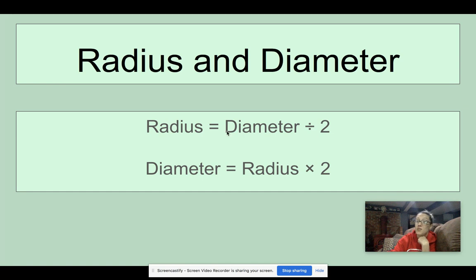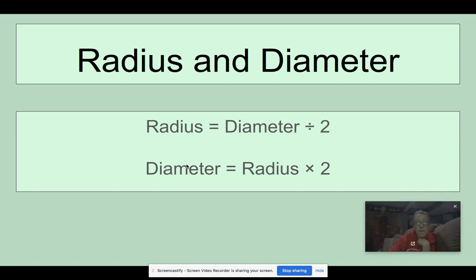It's half of the diameter. It's a half line, going from the center to the edge. Diameter is the full line, so it's basically 2 of the radius, or radius times 2. And if at any point you need to pause, rewind, or rewatch, please feel free.